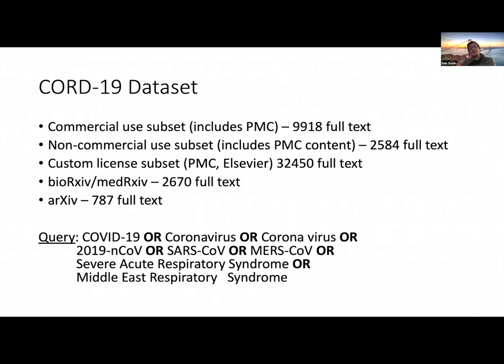The query that they used to get this set of papers, which is around 40,000 papers, is a really, really simple query, just looking for terms like COVID-19 or SARS-CoV-2 or just related coronaviruses. So really MERS, SARS-1, and SARS-2 are the coronaviruses that are represented in this set of papers. So a pretty simple query, but AI2 is hosting it and putting it all together for us to analyze.